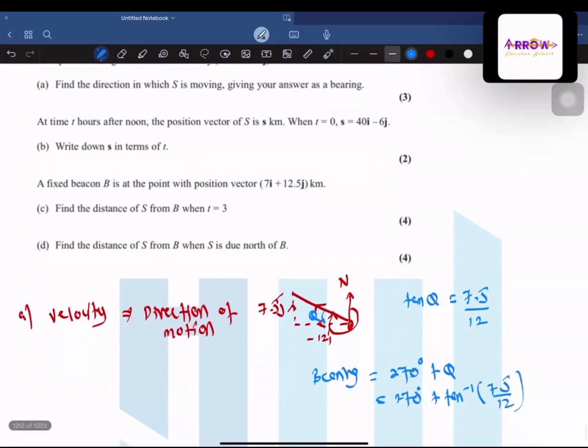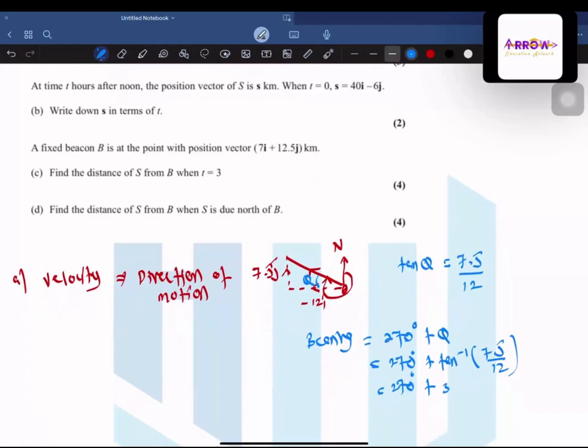As simple as that. So 270 degrees plus, what is the value of tan inverse 7.5 divided by 12? The value is 32.01 degrees. So 270 plus 32.01 degrees.